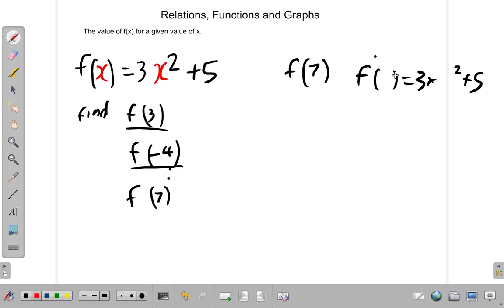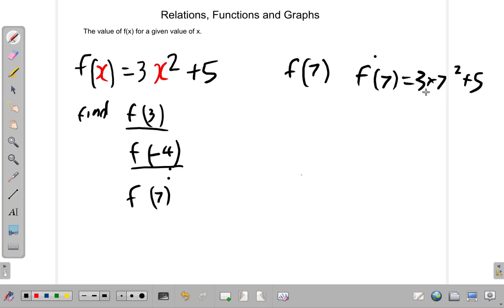Let me put in my x. F of x is equal to 3 times x squared plus 5. Now, wherever we have x, we will replace with 7 because we're not finding f of x here, we're finding f of 7. So we erase the x and put 7. Same thing here. We erase the x from here and we put 7.